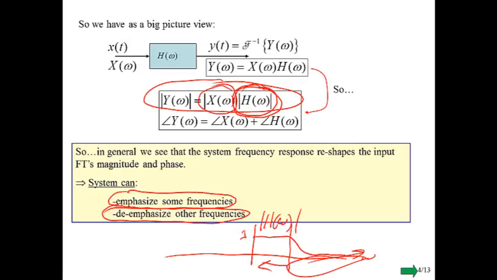And you may know that the sound engineer at that venue may be trying to fix that by using a device called a graphic equalizer. And basically what that graphic equalizer does is it implements this H of omega for a particular device that the audio signal goes through before it gets to the speakers, and we'll see more about that.